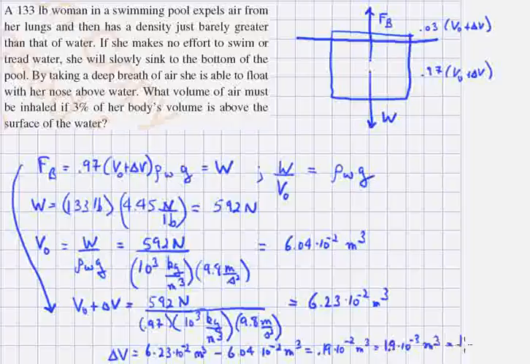That converts to 1.9 times 10 to the 3 cubic centimeters. Remember, there's a factor of 10 to the 6th in converting cubic meters to cubic centimeters. So multiplying 10 to the minus 3 times 10 to the 6th gives 10 to the 3rd. 1,000 cubic centimeters is a liter. And so that is 1.9 liters.